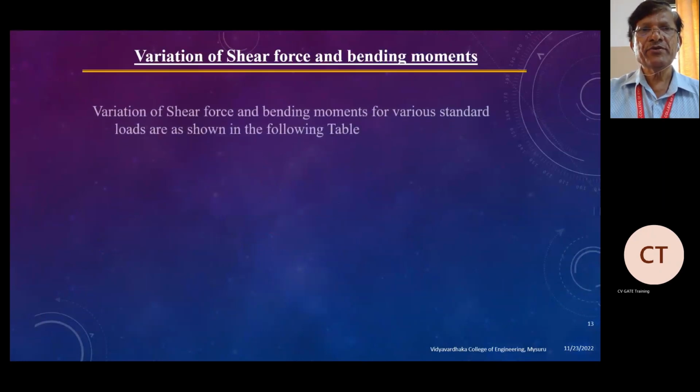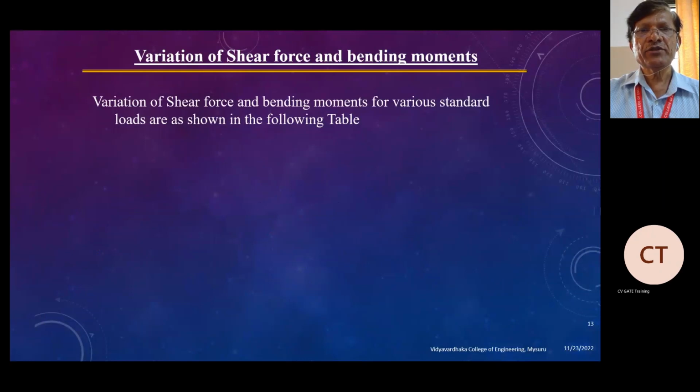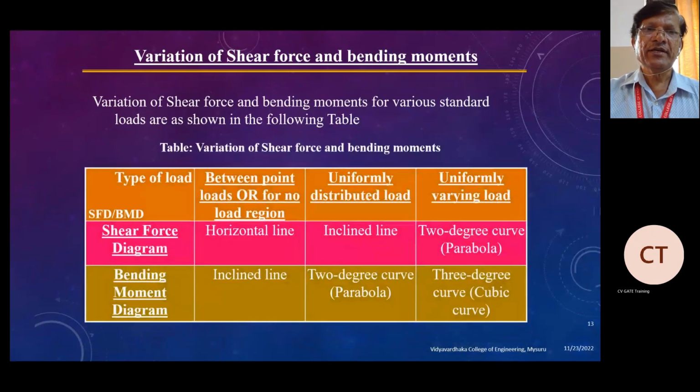If you see the variation of shear force and bending moment for various standard loadings as given below, the type of load is in one column, and the shear force or bending moment in the other column. Between the points of loads, in the no load region, the shear force will be only a horizontal line. If we have a uniformly distributed load, we will get an inclined line.